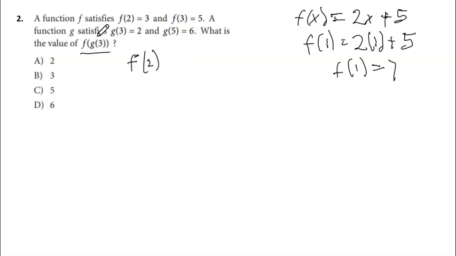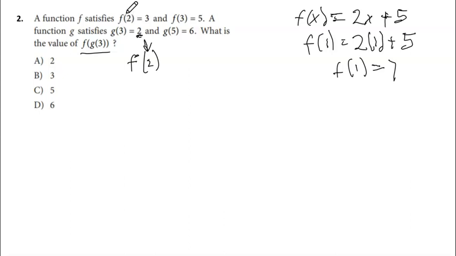In place of g of 3, we put 2, right? Similar to what we did here. Wherever we see x, we put the value given. So wherever we see g of 3, we put its value. So that's the value, 2. That's what I've inserted here. And then we look through what is given.